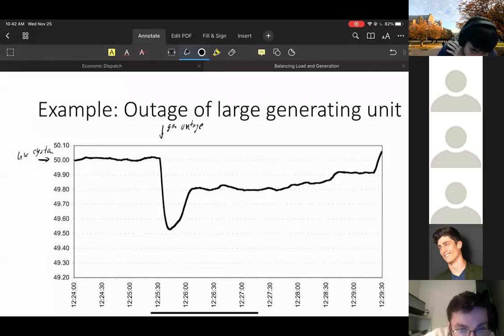Then the system recovers. The frequency drops very quickly, then the system recovers through this phase, basically in about 30 seconds or less, in 10 seconds or so. This is the regulation control.